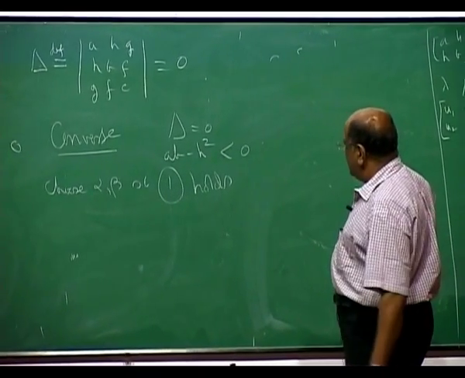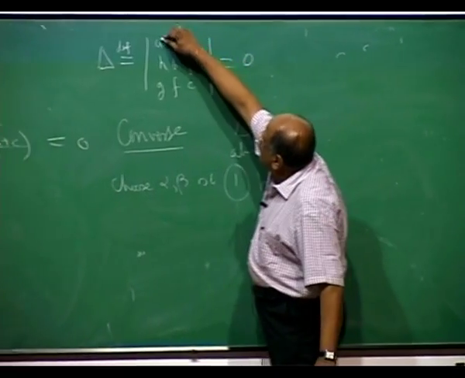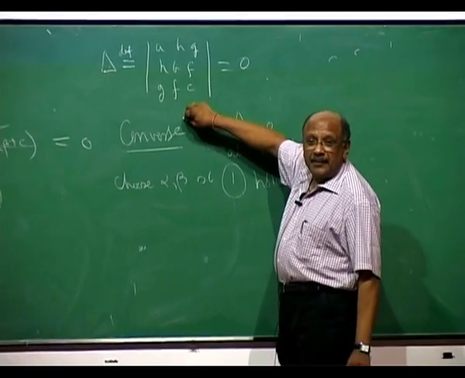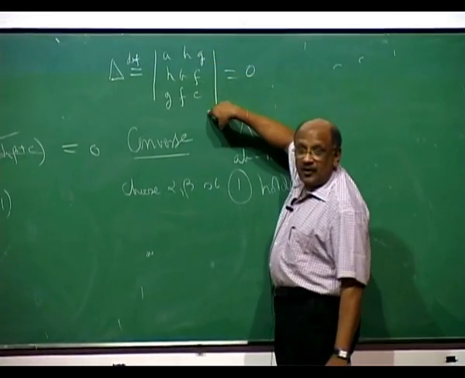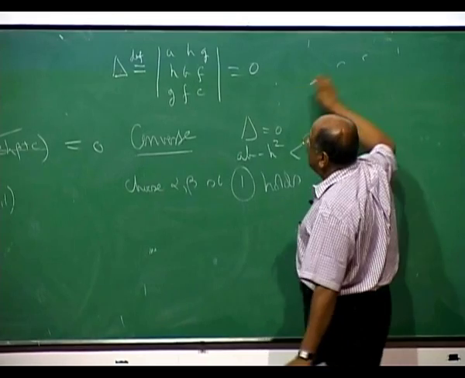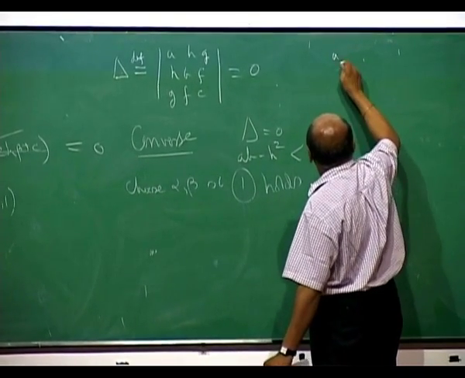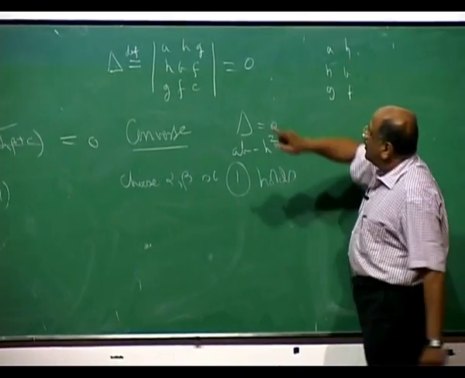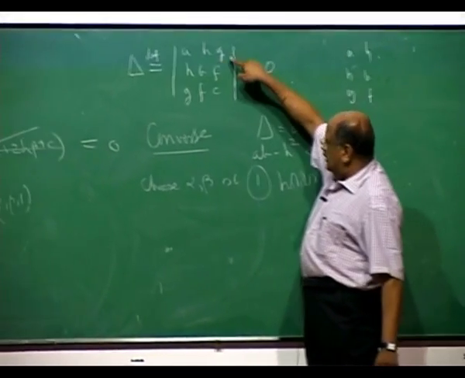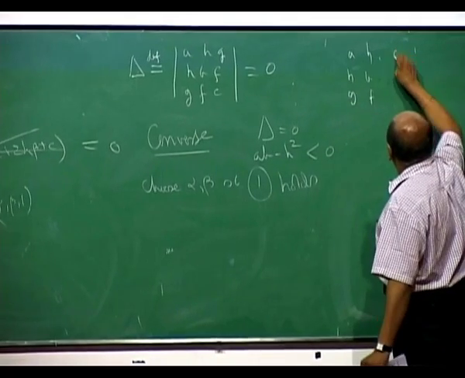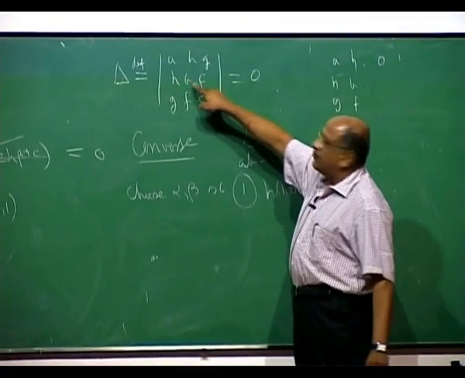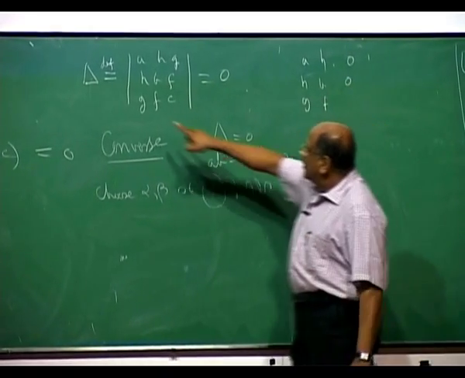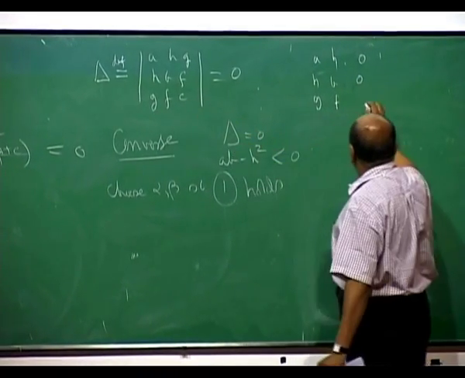Now what happens? If I multiply this column by alpha, multiply this column by beta, and add it to this column, then I will get a, h, g; h, b, f; a alpha plus h beta plus g, that is 0; h alpha plus b beta plus f, that is also 0; g alpha plus f beta plus c is what I will get.